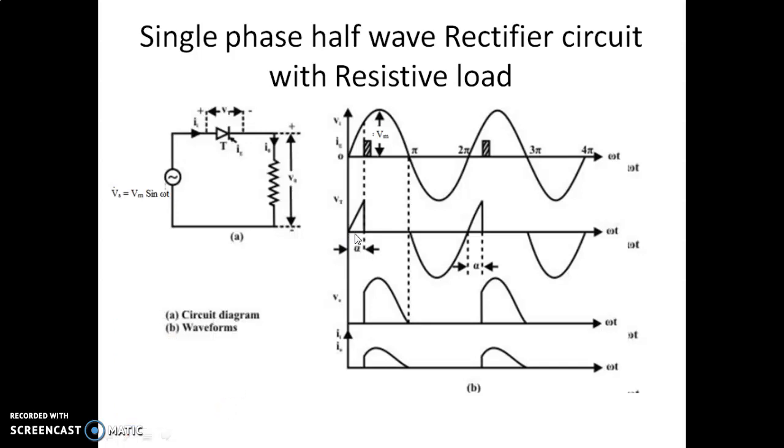At omega t equal to alpha, the thyristor conducts and the voltage comes to 0. In the negative half cycle, since the thyristor is reverse biased, it is not conducting, it turns off, and the input voltage comes across the thyristor. In the positive half cycle, until it is fired, it is in the off condition, and the input voltage comes across the thyristor.